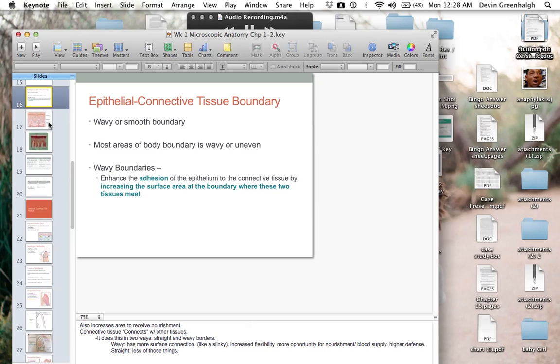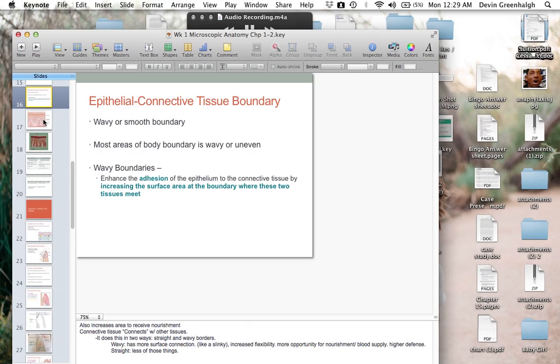And when they increase the surface area, it increases the opportunity for the cells to receive nourishment. Because remember, epithelial cells get their nourishment from the connective tissue underneath them. So this is the way they get their nourishment. The benefits of having a wavy border is more surface connection, increased flexibility, and again, more opportunity for nourishment and blood supply. If you have a straight boundary, you have less of all those things.